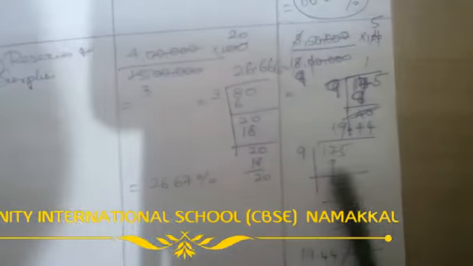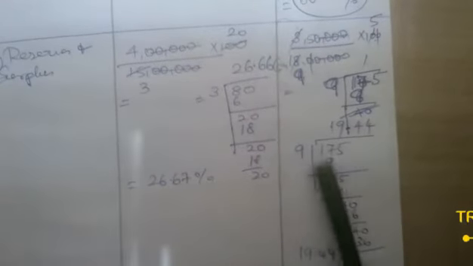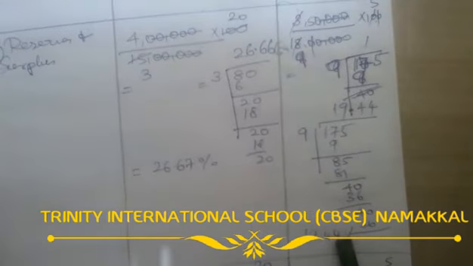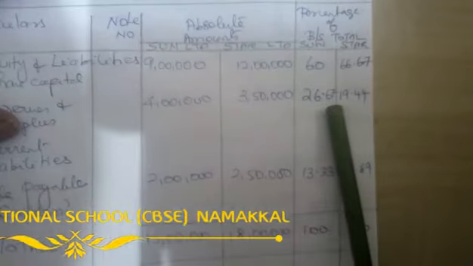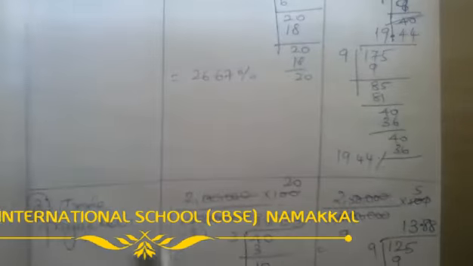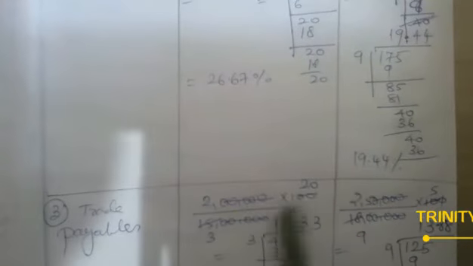So once you do the division, be very careful. So 175 by 9, how many times? Accordingly, I calculated here. After this calculation, we get 19.44. Once we complete here, immediately coming to this page, we have to write 26.67 and 19.44. Then coming to trade payables, under that, sundry creditors. Okay, same manner, 2 lakhs divided by 15 lakhs into 100.